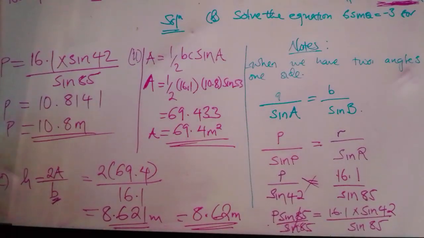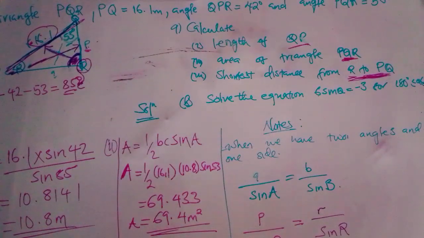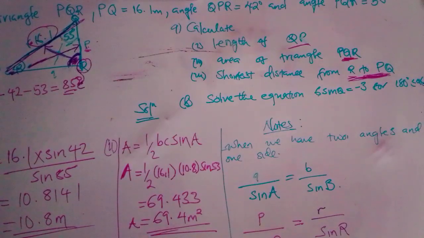So this is the second part on trigonometry, basically the sine rule. So what is the summary you need to take home? You only use the sine rule whenever you have two angles and one side.